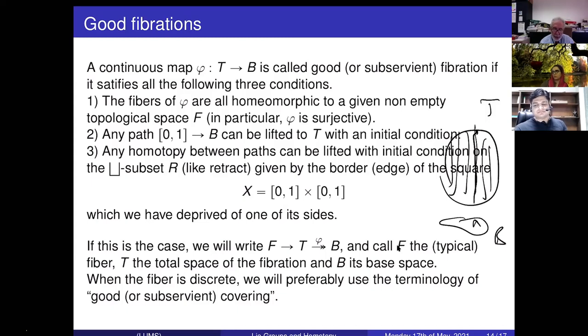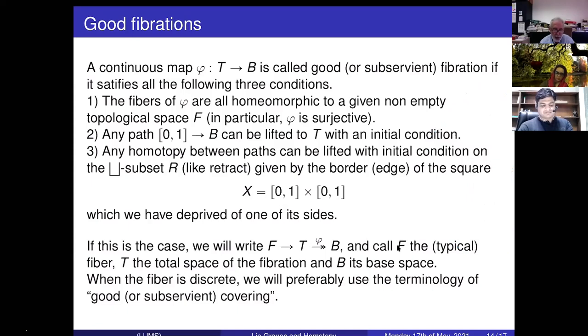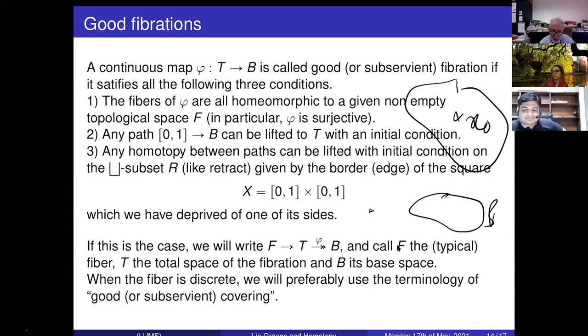And what else? Any path inside of the base can be lifted. So if you have here a point x0, and I take the fiber which passes through x0, this is phi inverse of x0. If I have a path here, that means a map going from [0,1] to B, I can lift it.